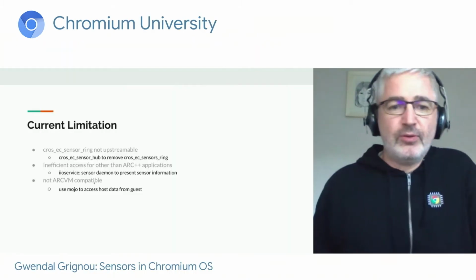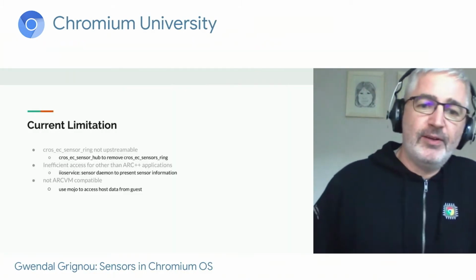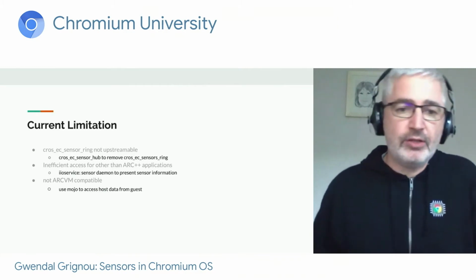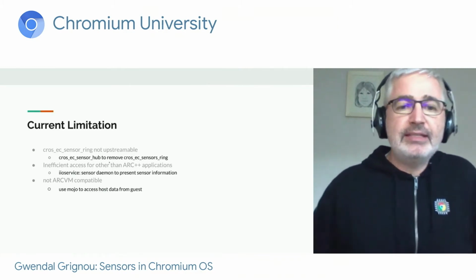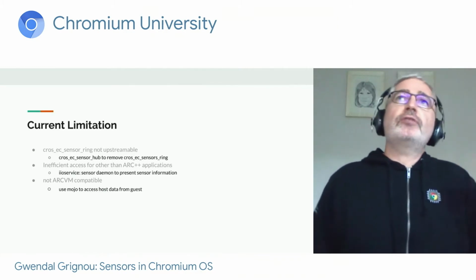That's why we are working very hard to change this current implementation and make it better. As I said, it's not upstreamable, it doesn't work with any VM, not just ARCVM, and it's also inefficient for other applications.